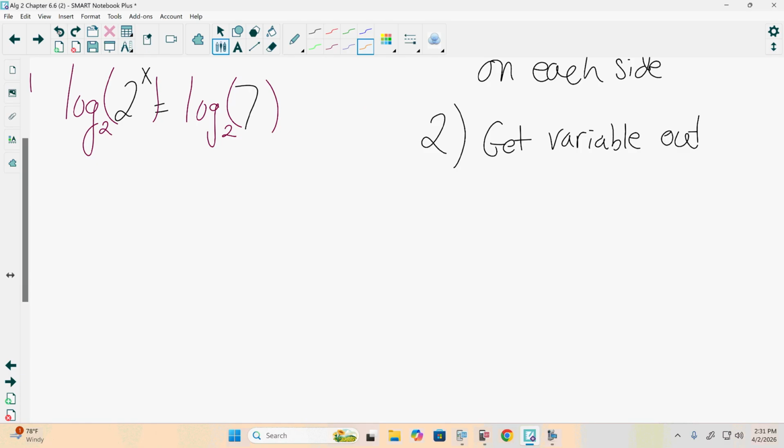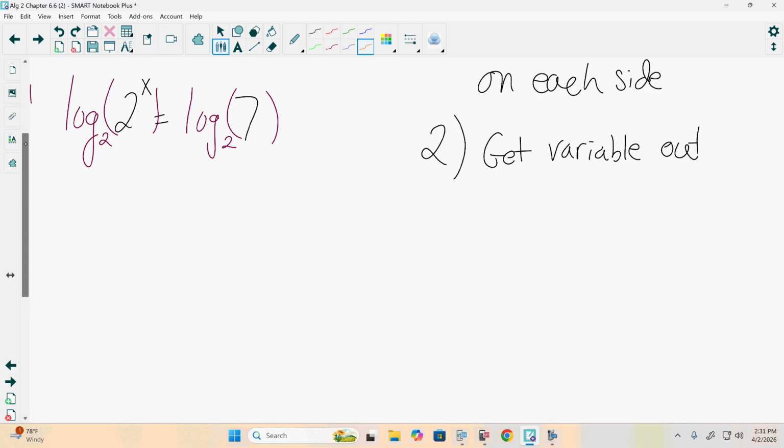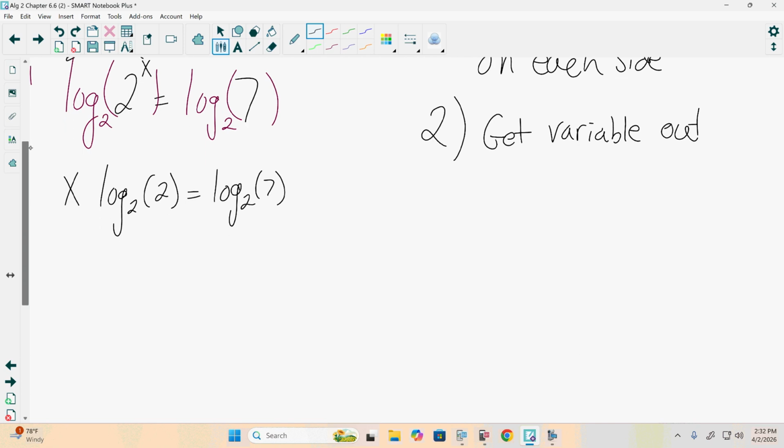But since then, we have gotten the power property. And our power property says that we can take this exponent and move it to the front, telling me that I have x times log base 2 of 2 is equal to log base 2 of 7. Yes?